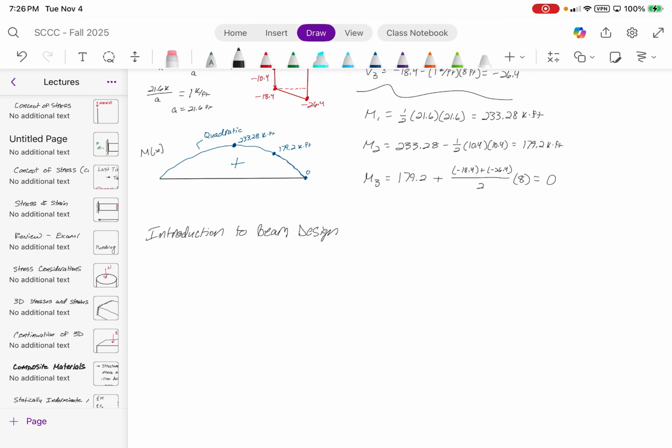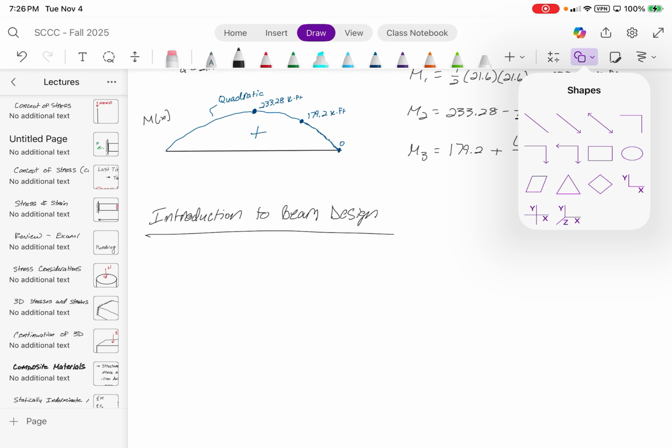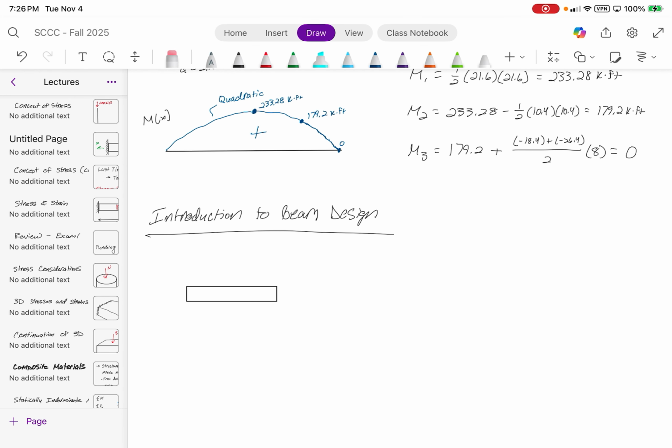All right. Introduction to beam design. Now, when it comes to beam design, let me just really quickly draw a simple diagram. We have a beam here, and it's resting on some type of support, and let's say it's got some point load located here. How is the beam going to deform?